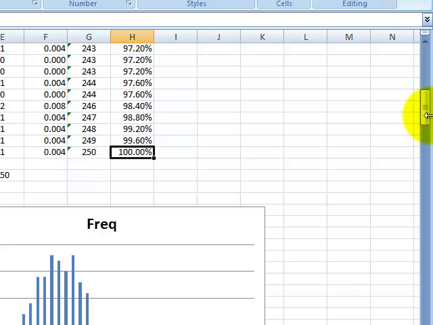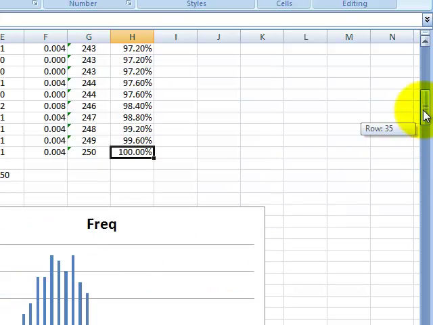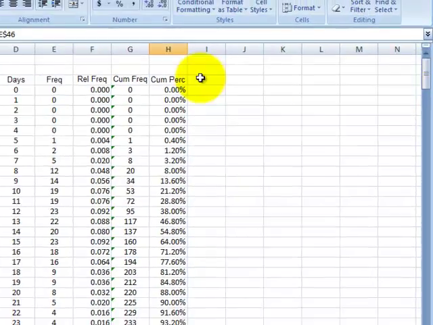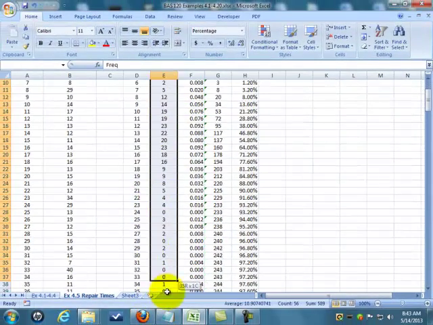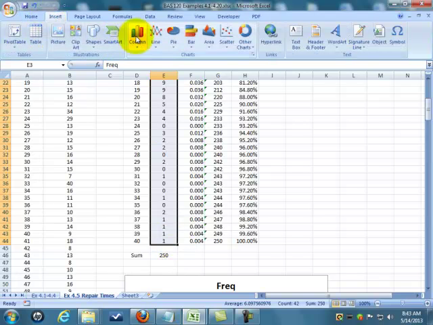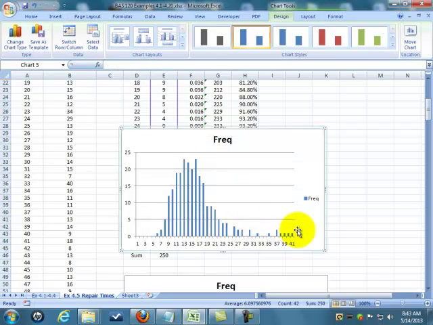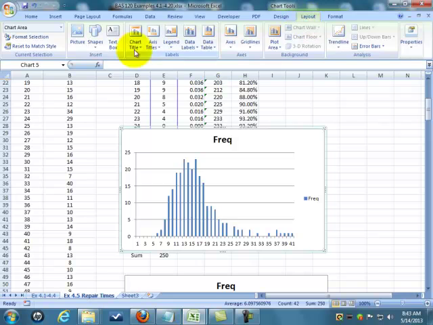Now, to graph these, if I want a frequency graph or a histogram, all I had to do is say, here are my frequencies, insert a column chart, and there we go. Then you can dress it up, of course, with chart titles, labeling the axis, changing the location of the label, and putting data labels in.